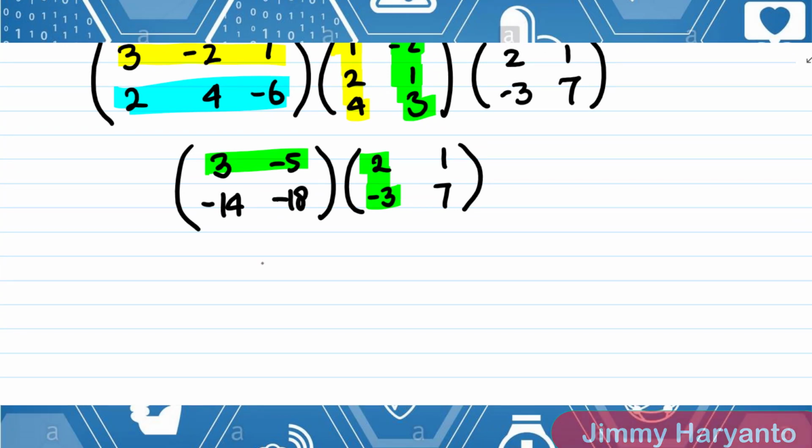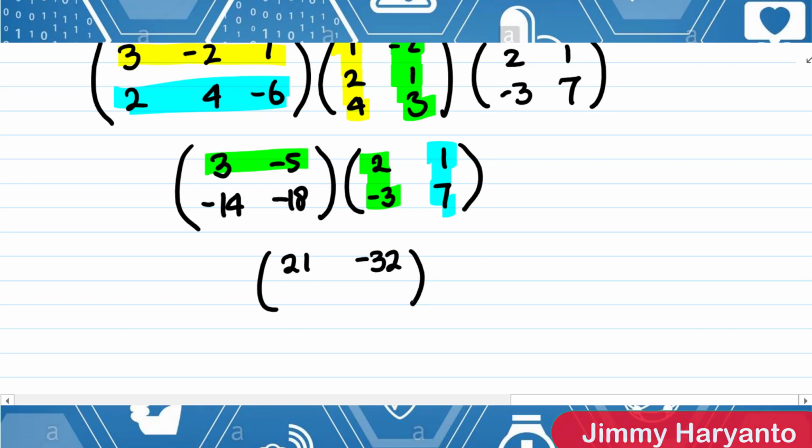This times this equals 2 times 3 equals 6, 6 plus 15, 21, and for the second row, you will have 3 and negative 35, negative 32. For the second row, you will get negative 28, negative 28 plus 54, so it's 26.